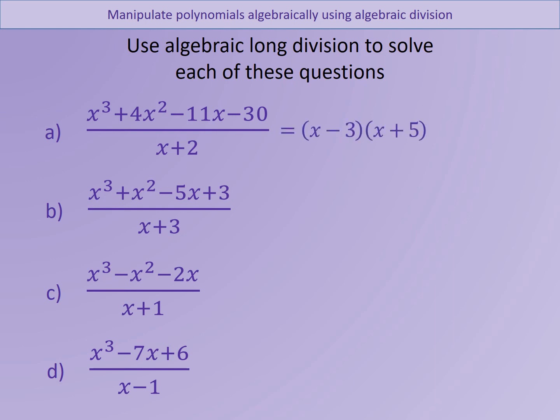Okay, so it turns out that in A you end up with a quadratic which is x squared plus 2x minus 15. And I've gone on to factorize that into the 2 brackets that you see there. There is no remainder, as is the same with B, except we get a quadratic x squared minus 2x plus 1, which I've then factorized into the repeated root you see there.